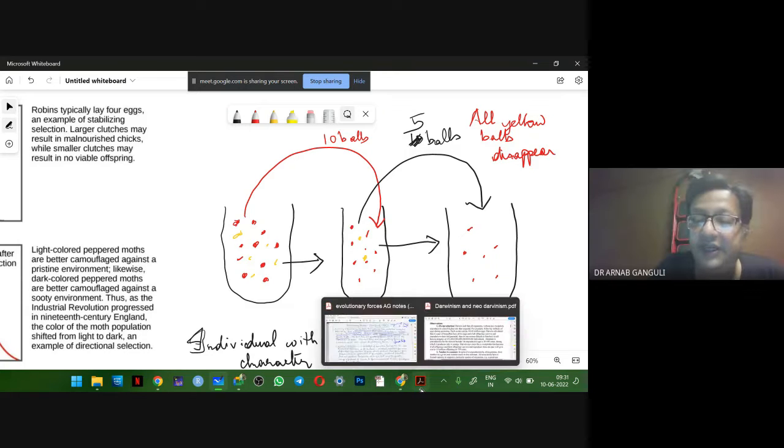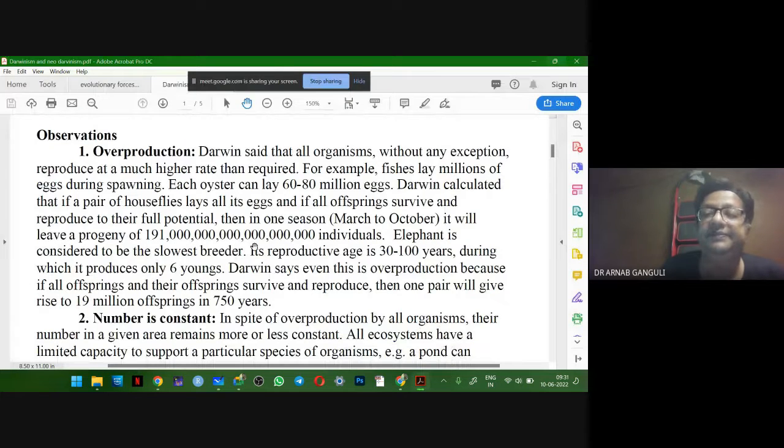Okay, so let us get back to Darwinism. Charles Darwin, in the 1860s to 70s, traveled a lot, and on one of his travels, on the HMS Beagle ship, he went to the Galapagos Islands.